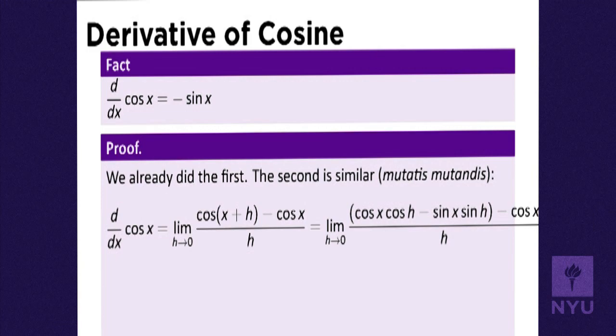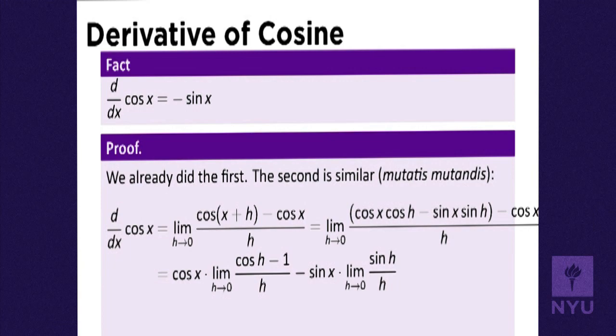And then just like before, I will have a cosine x times cosine h and a cosine x times 1. So I can pull those to the side and factor out cosine x. And the other term is sine x times sine h. So I can break it apart, pull out the factors which do not depend on h. It's cosine and sine in this case. And then evaluate these limits of the trigonometric quotients.